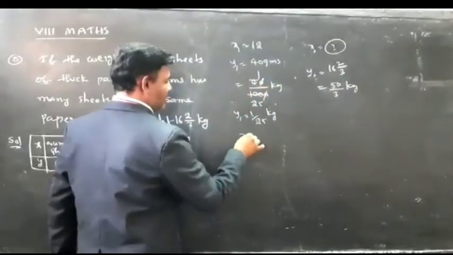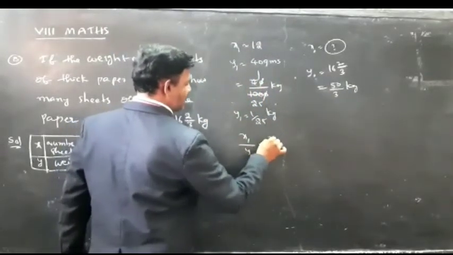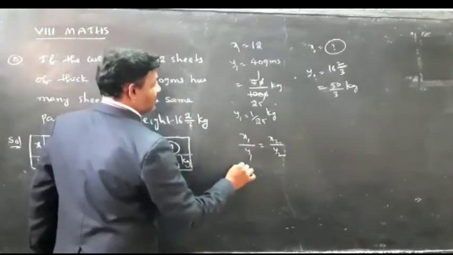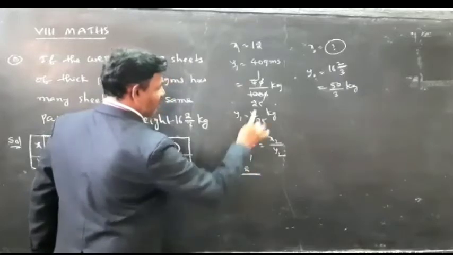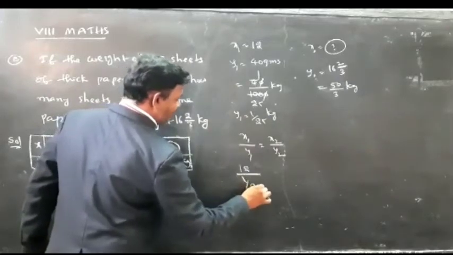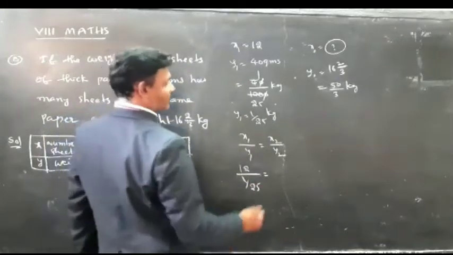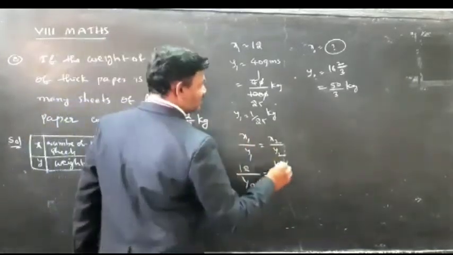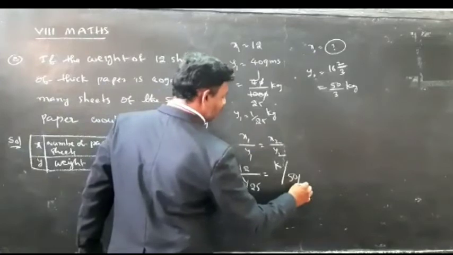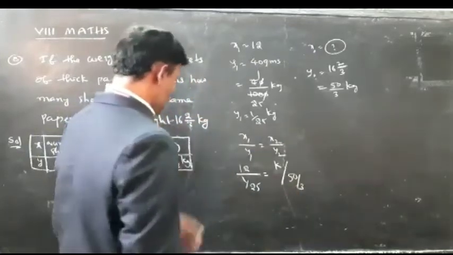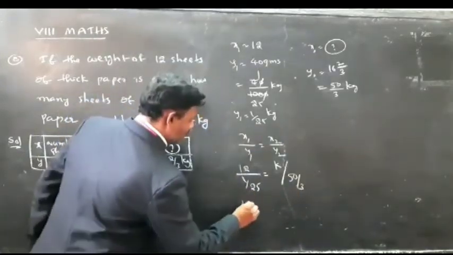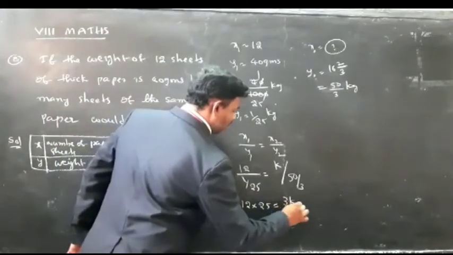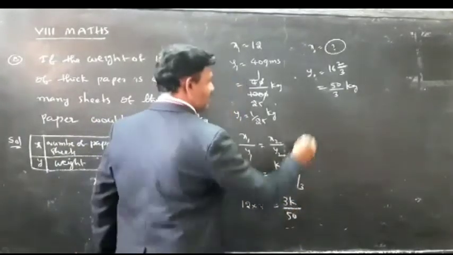So what can we write here? x1 by y1 is equal to x2 by y2. x1 is 12, y1 is 1 by 25, x2 I don't know, let the required papers be k, and y2 is 50 by 3. Here 12 into 25 is equal to 3k by 50.